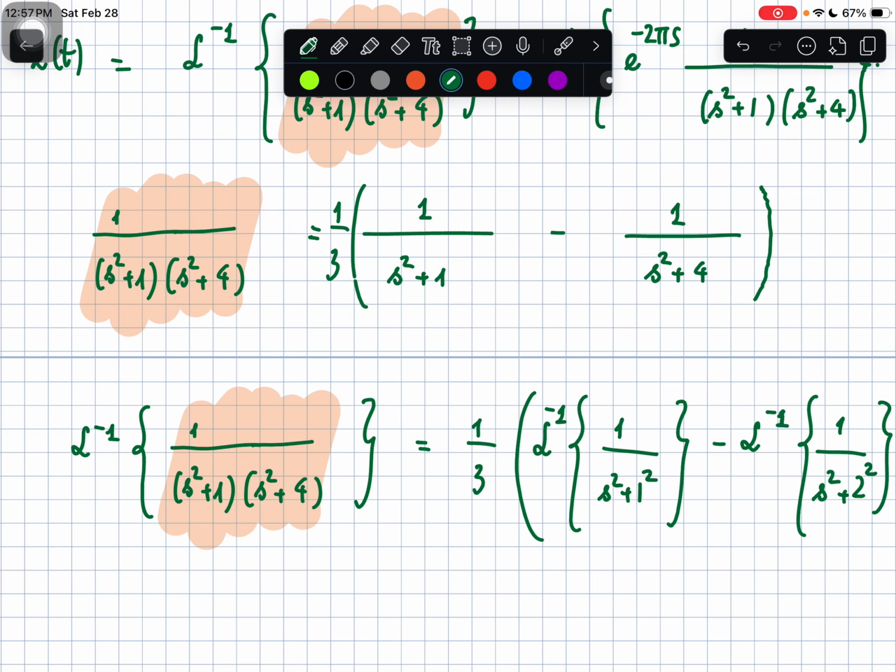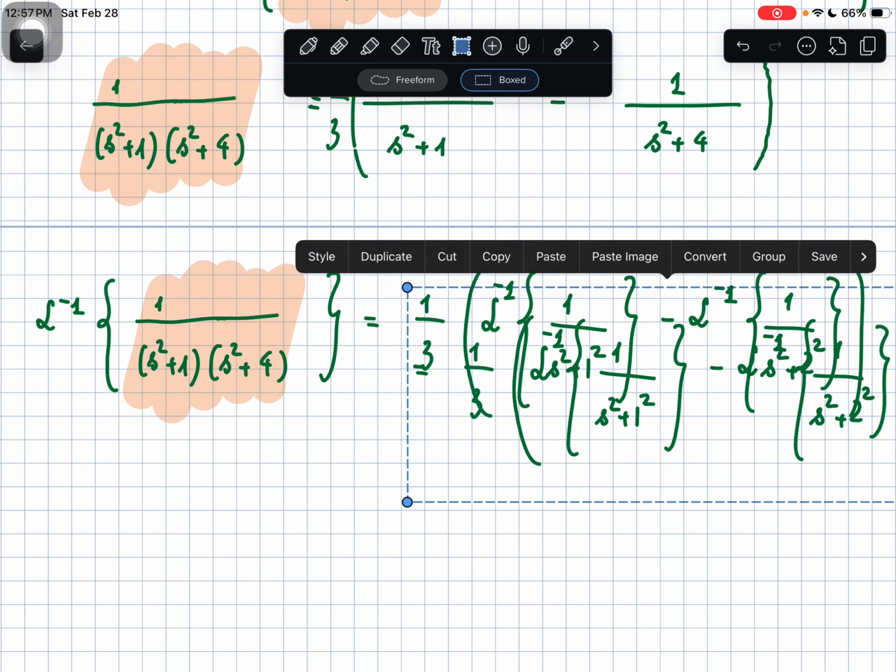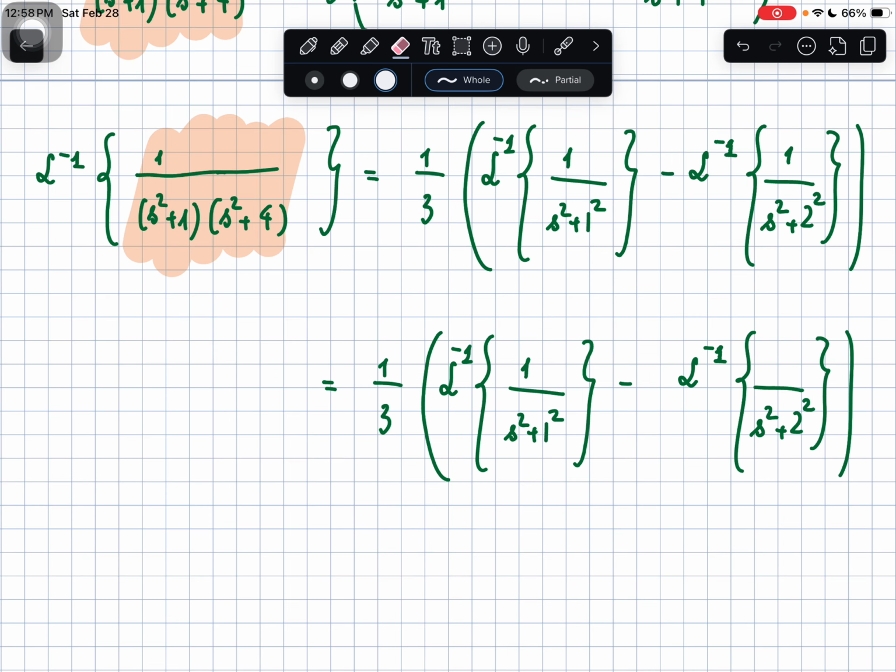Here's 1 squared. So in order to have 2 squared, I want to have 2 here and 1/2. Put 2 here and then divide by 2 out there.